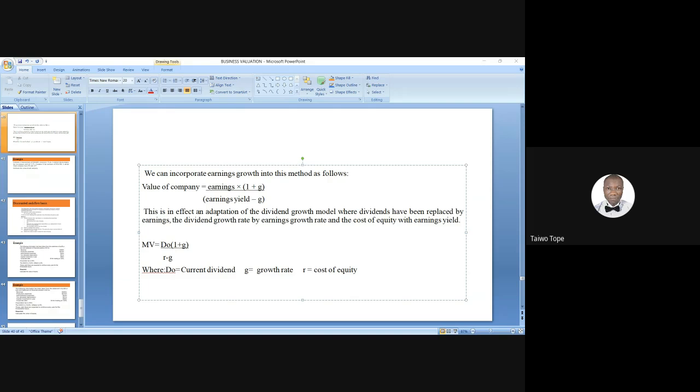Also, where the earnings are expected to grow at a constant rate to perpetuity, the formula will be earnings into the bracket of 1 plus g, divided by r minus g. Your E is your expected future earnings, your g will always be your growth rate, and your r will always be your rate of return.